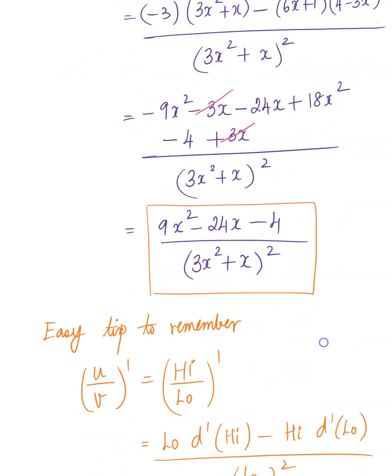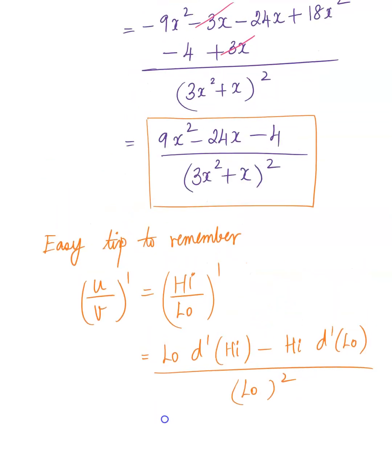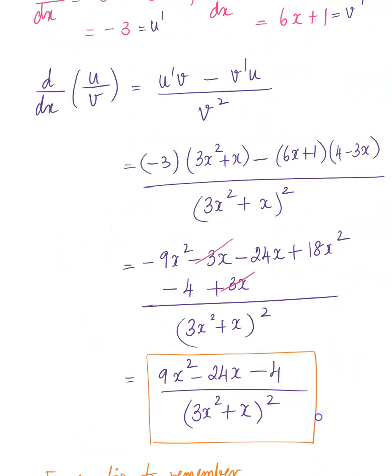That's easy for me to remember. But you can think of it as low D high minus high D low.